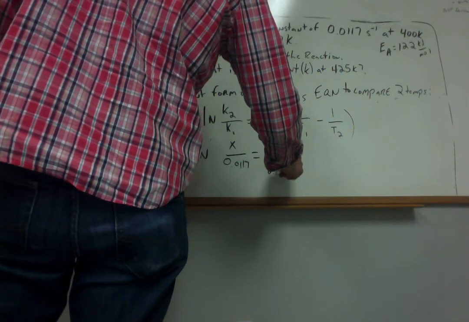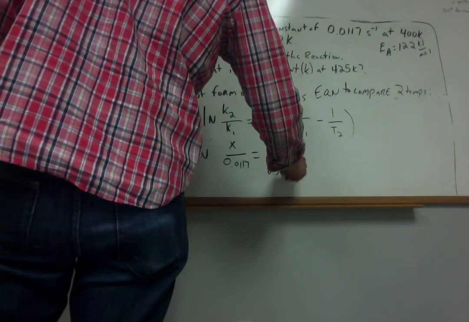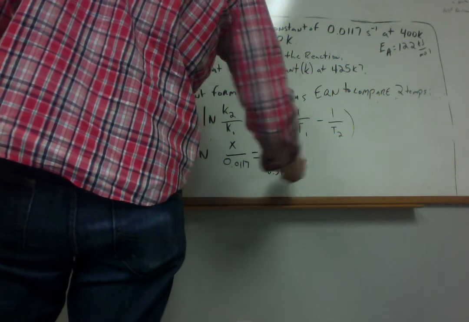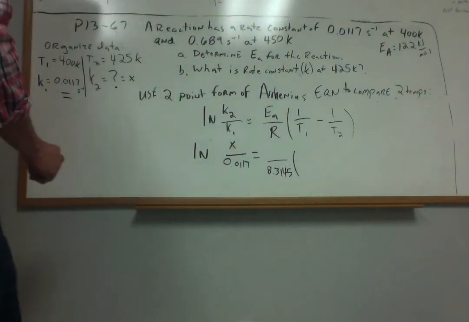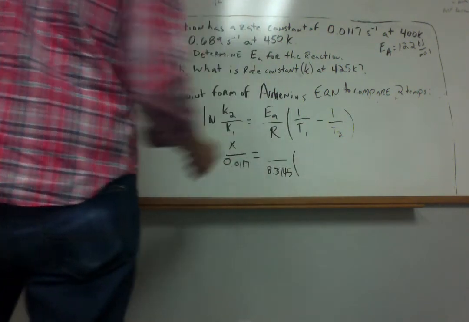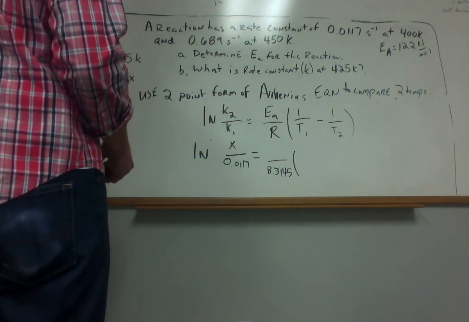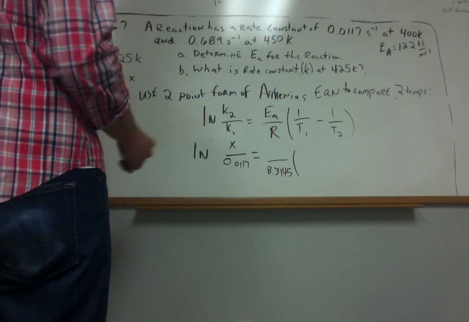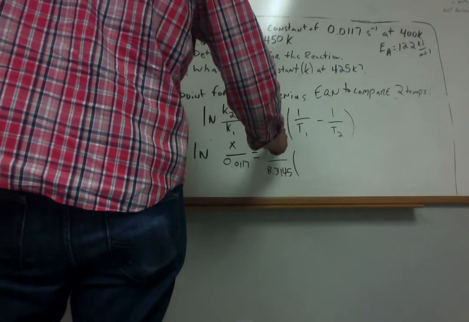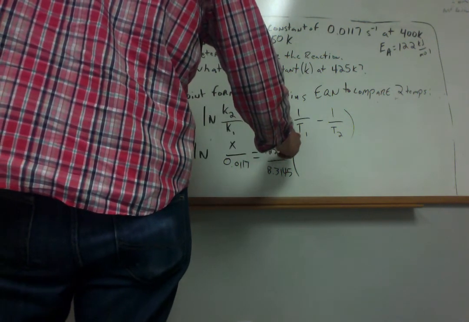Now, I told you earlier R was just a constant. 8.3145, that remains the same. EA is our energy of activation, or activation energy for our reaction. The activation energy is always the same for a particular reaction. We know that it's 122 kilojoules per mole.